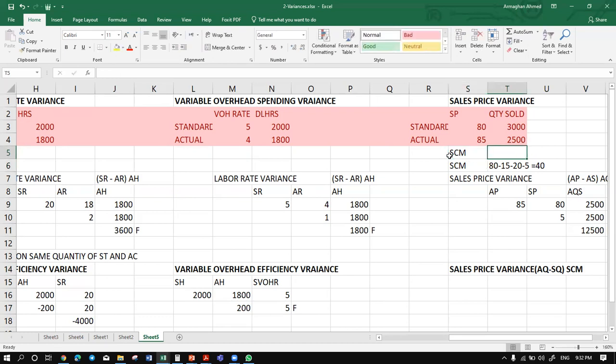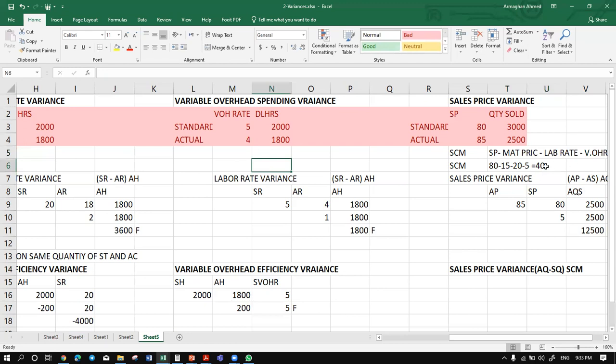Standard contribution margin: sales price minus material price minus labor rate minus variable overhead rate. Am I right? So I have written all. So 80 minus 15 minus 20 minus 5. This is standard contribution margin.